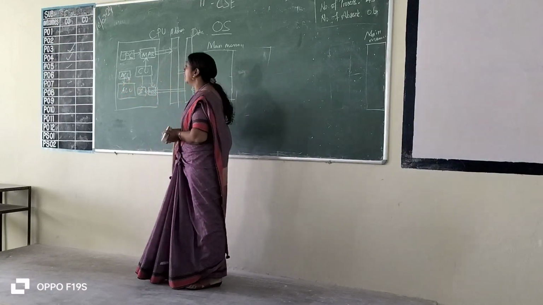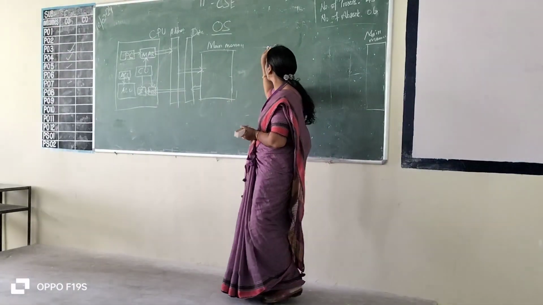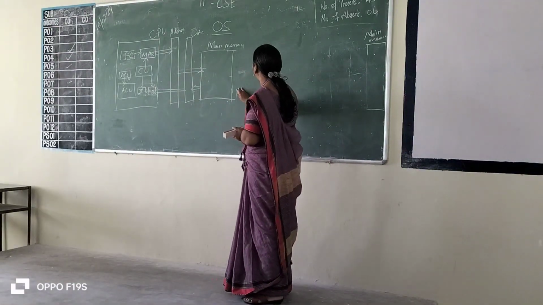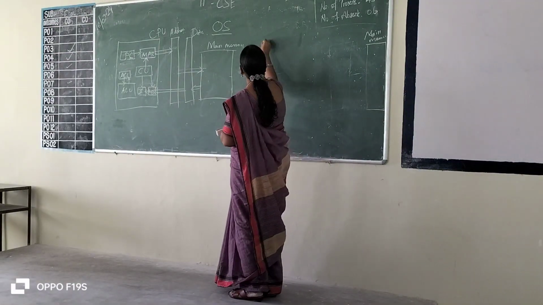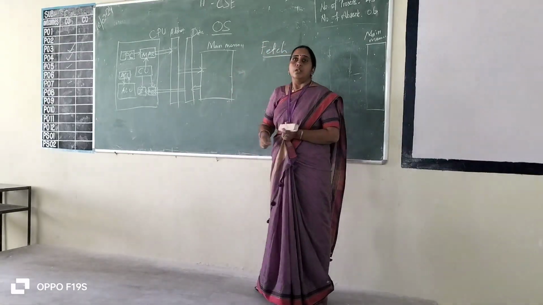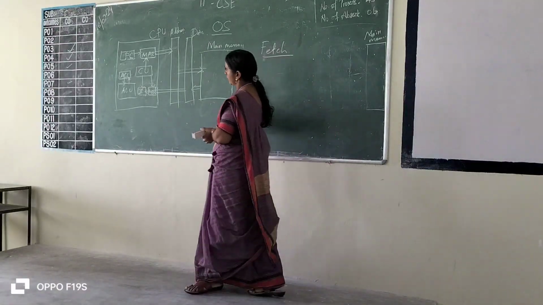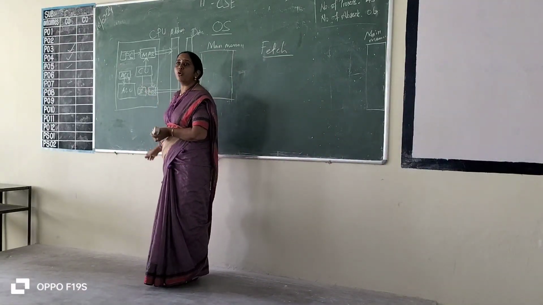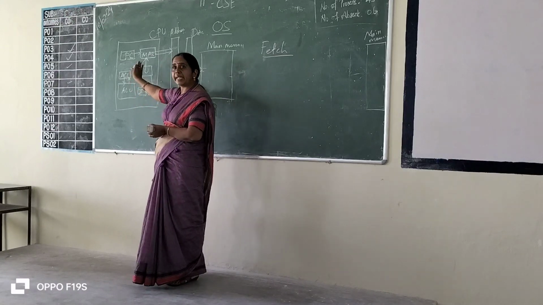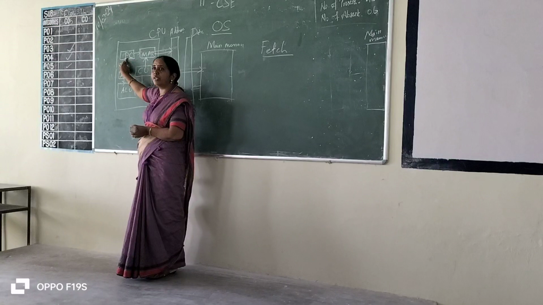Then in the fetch cycle, because we are to see in detail about the fetch cycle, the instruction fetch cycle of program execution, instruction execution. In the fetch cycle, the address of the instruction to be fetched is available in the program counter, right?